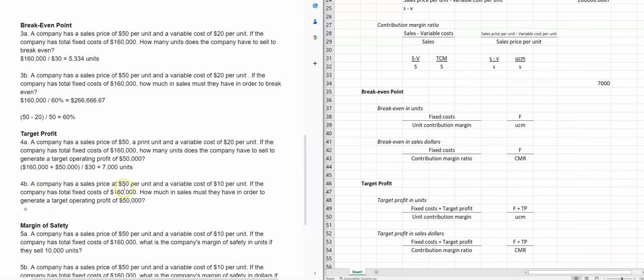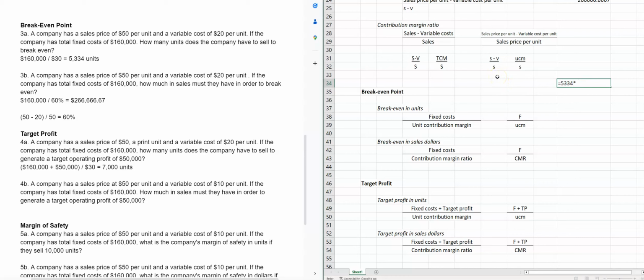So this one is asking us for how much in sales do we have to have? Now, keep in mind, and this is the same thing for this other one, if we wanted to convert from units sold to sales dollars, technically all we needed to do was multiply the units by the sales price, right? Actually, let me show you that.